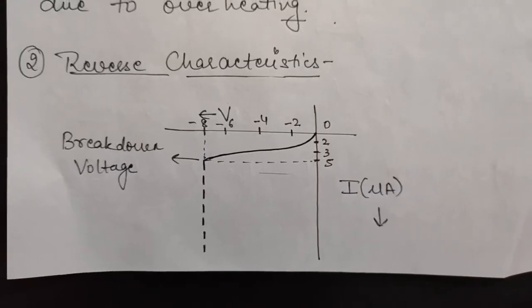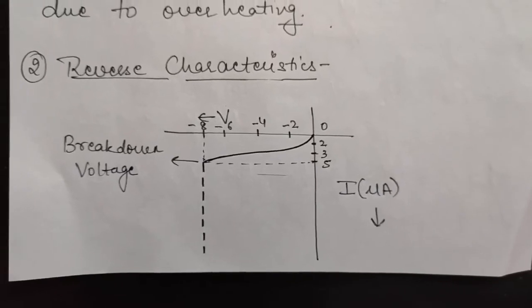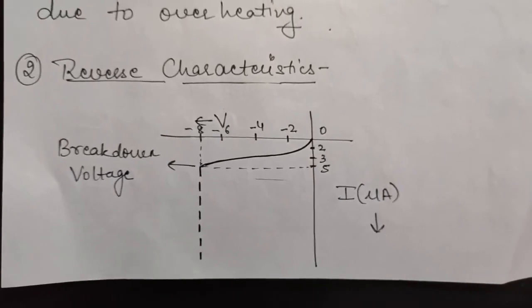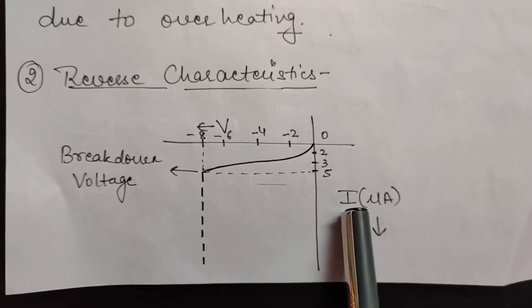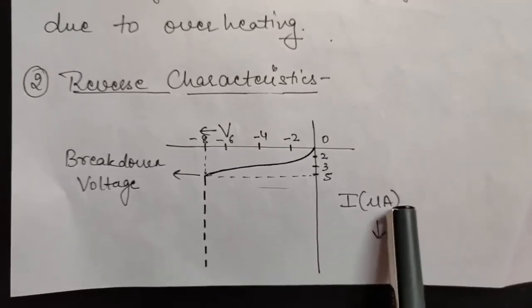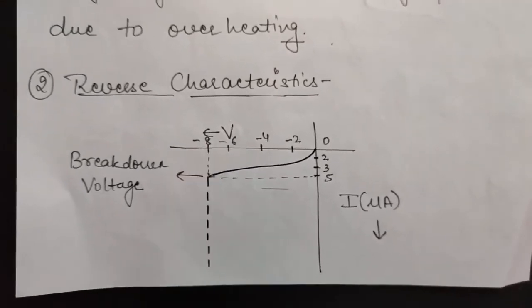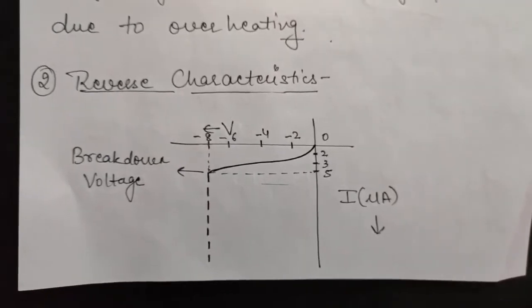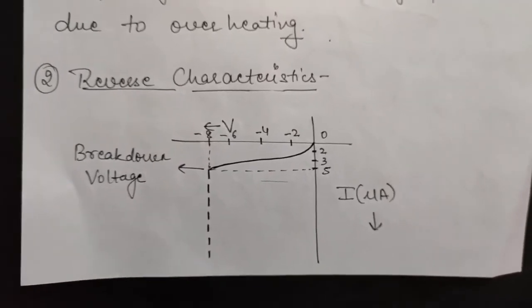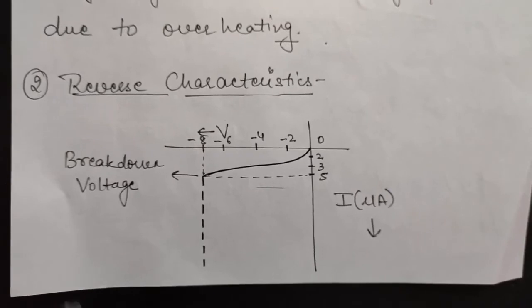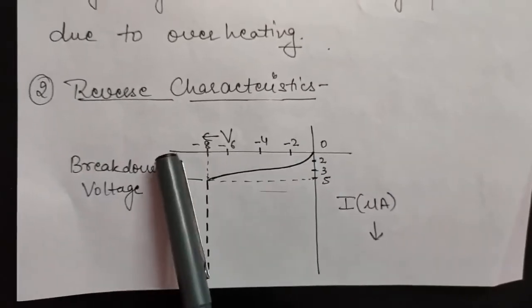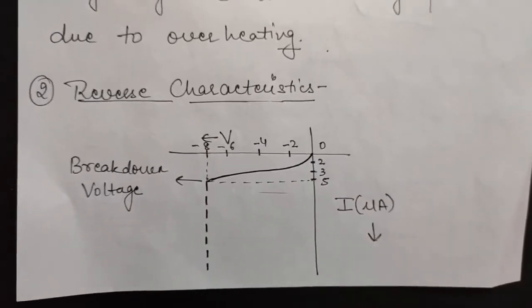In reverse characteristics we will plot a graph between reverse current and reverse voltage. I have taken reverse current in microamperes, and reverse voltage, because it is in the opposite direction to forward voltage, and we consider forward voltage positive, so the reverse voltage will be negative, and the current will also be in the opposite direction.